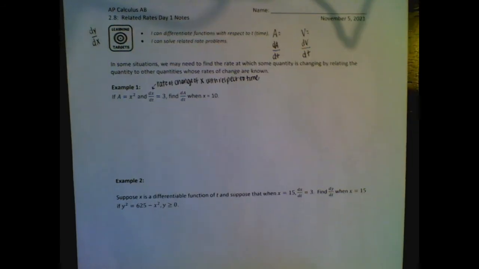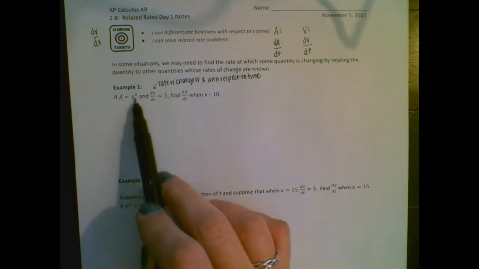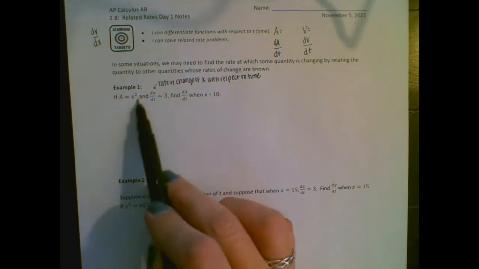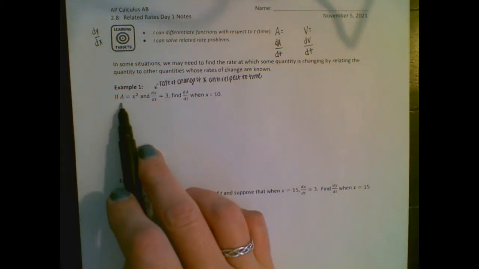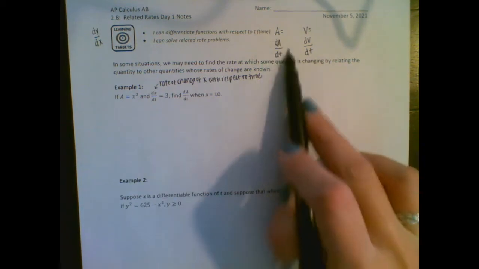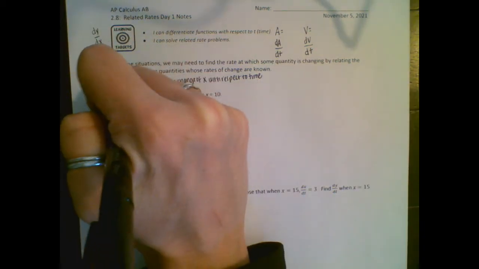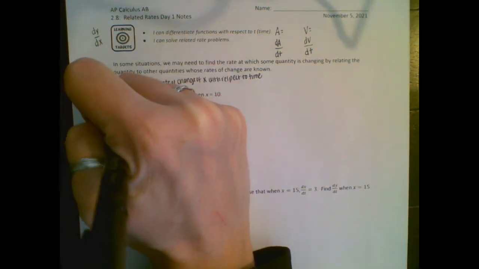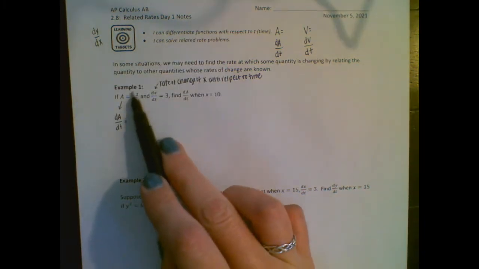So what we're going to want to do is take this A is equal to x squared, and we're going to differentiate that entire equation with respect to t. So the derivative of A is what I talked about up here. We're going to write the derivative of that as dA dt. And then we're going to use some implicit differentiation here.